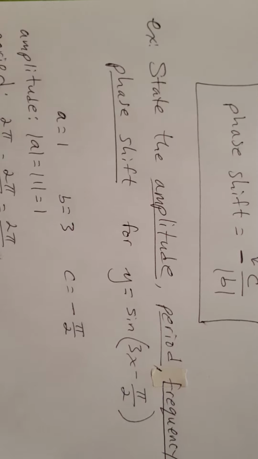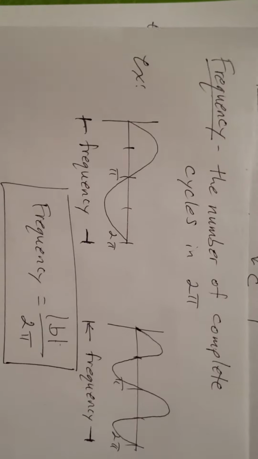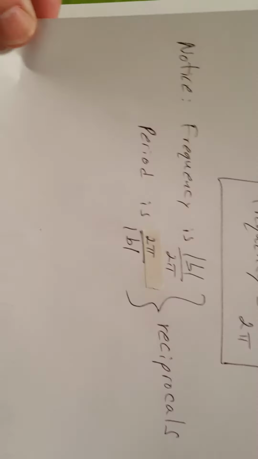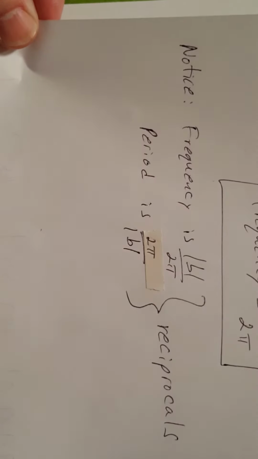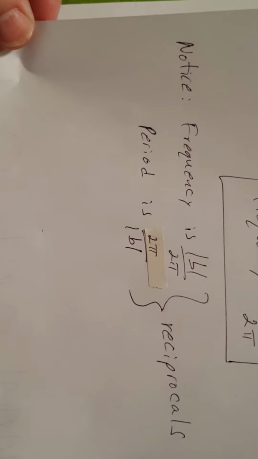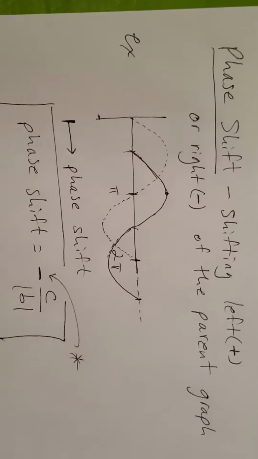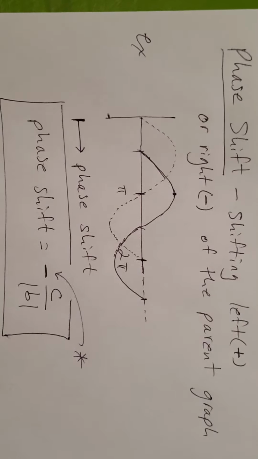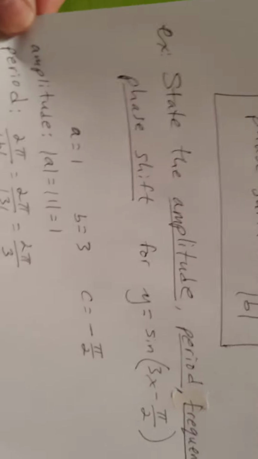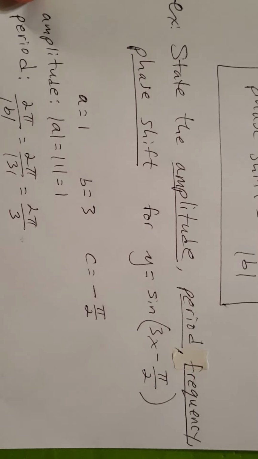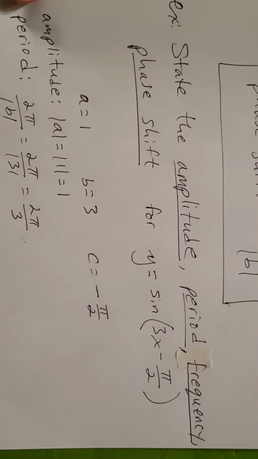This is page 2. Page 2 was frequency. Notice the reciprocals. And then finally in page 3 we did phase shift, and we put it all together in one problem. How do you find amplitude, period, frequency, and phase shift of one function?